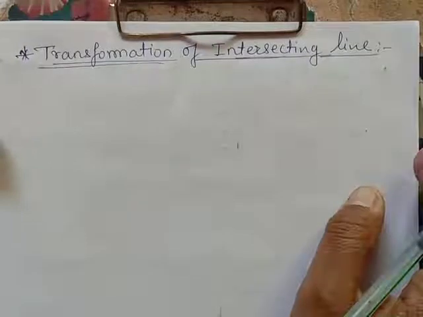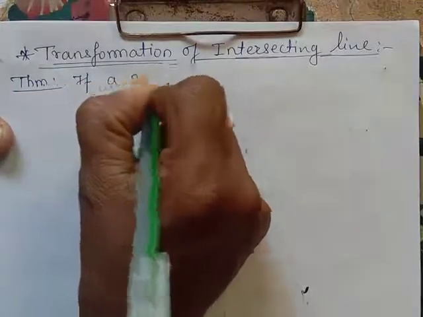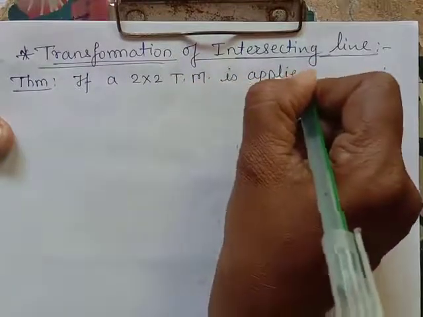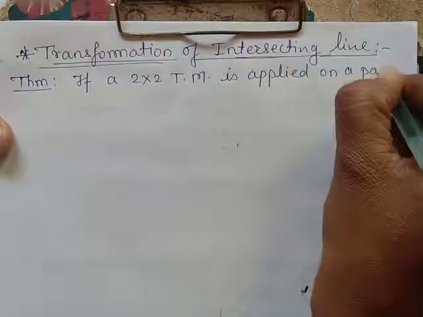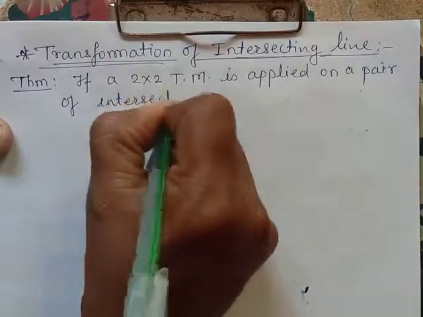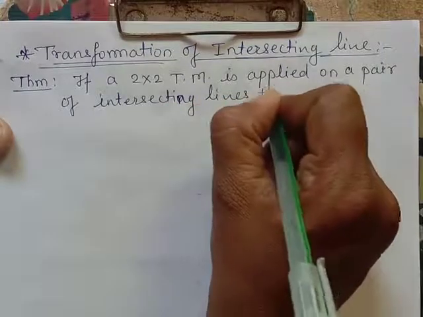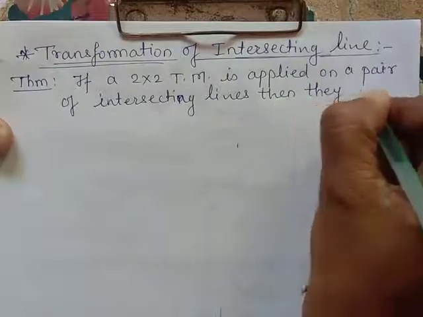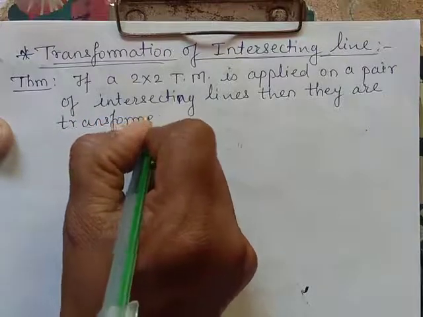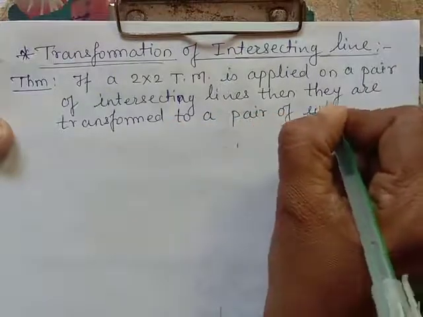So now here the theorem: if a 2 by 2 transformation matrix is applied on a pair of intersecting lines, then they are transformed to a pair of intersecting lines.